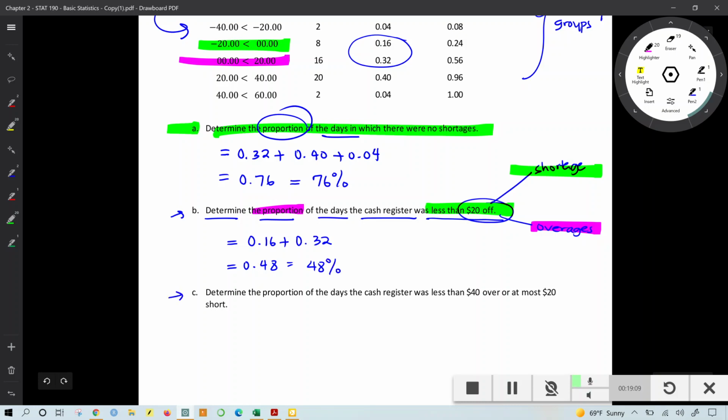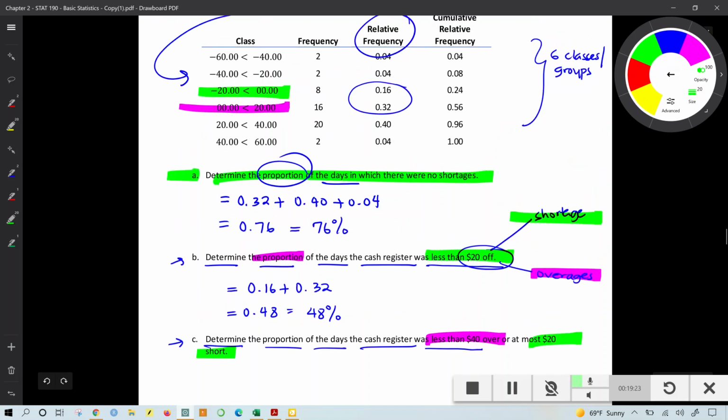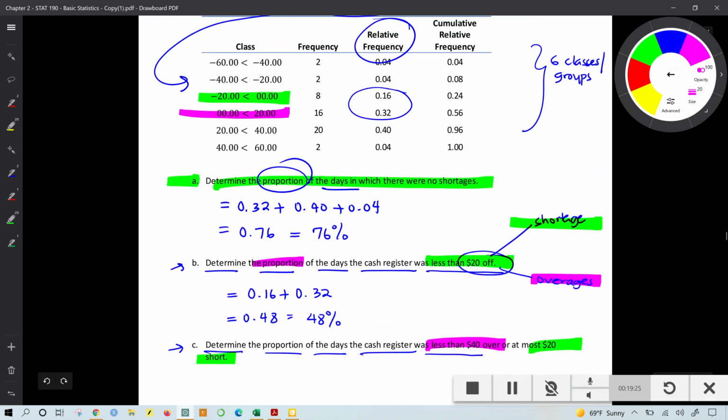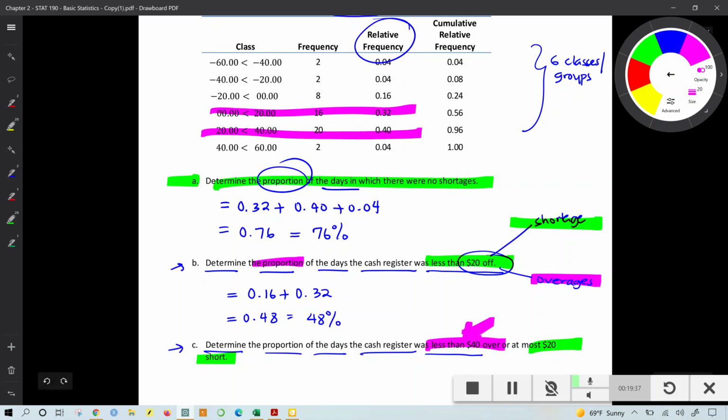Then question C. We are to determine the proportion of the days the cash register was less than $40 over and at most $20 short. Okay, so let's start with the purple group. I'm going to erase this, and I would like to count cases where it was less than $40 over. That will be right here and right here.